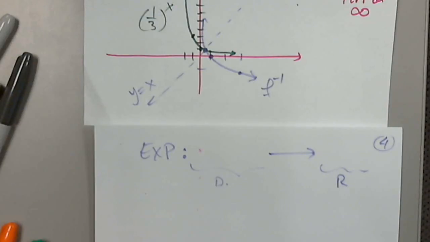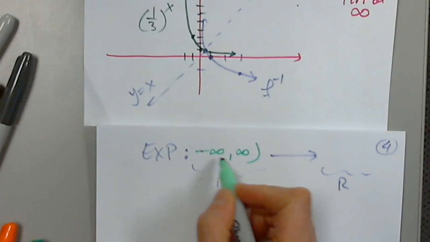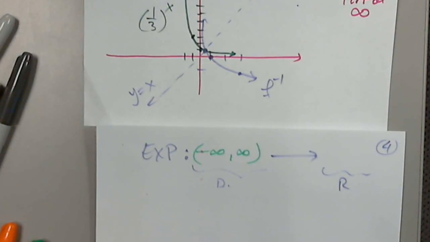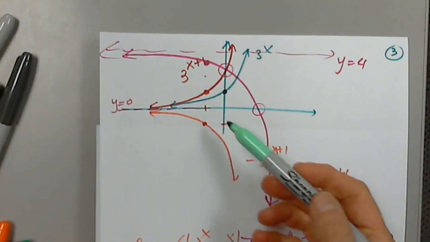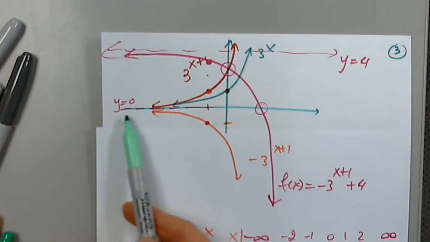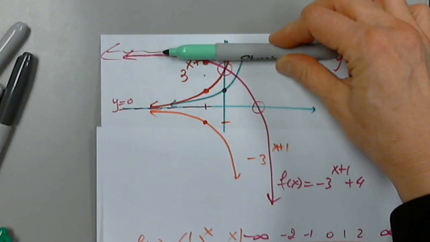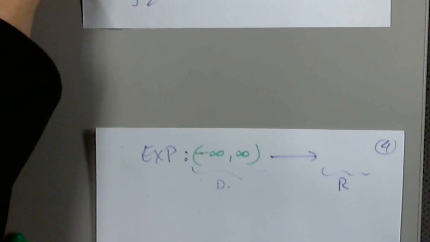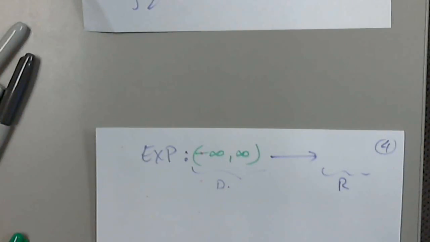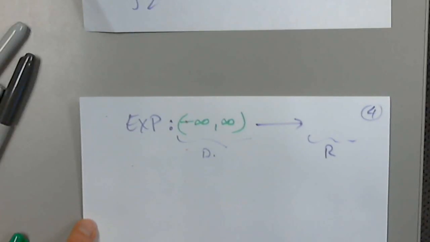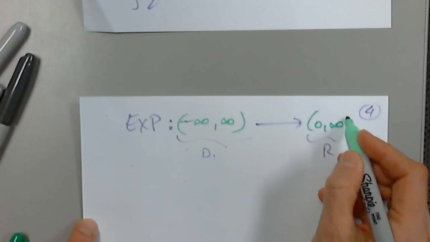All real numbers. Very good. And what would be its range if it's a pure exponential function? This is not a pure exponential function. Its domain is still -infinity to infinity, but its range is -infinity to 4. But any pure exponential function will have range what? 0 to infinity. Very good.